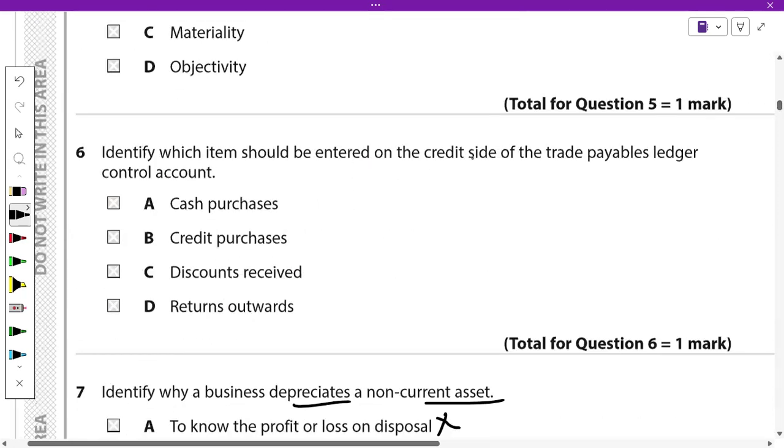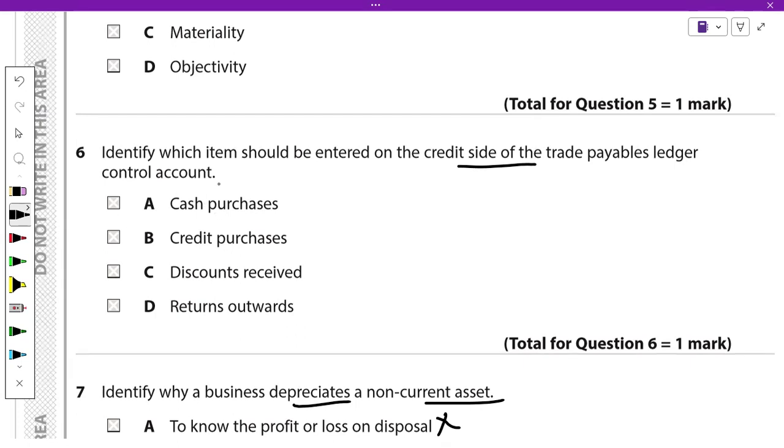Identify which item should be entered on the credit side of the trade payables ledger control account.